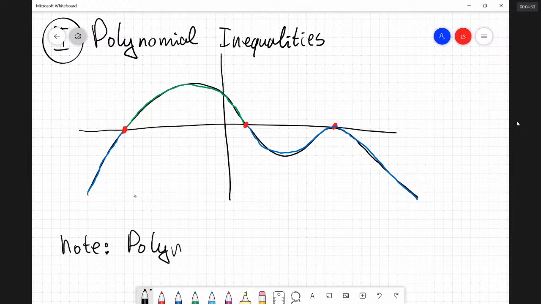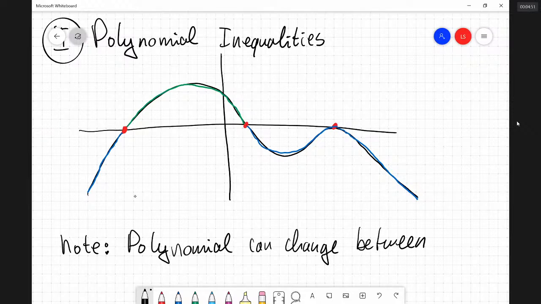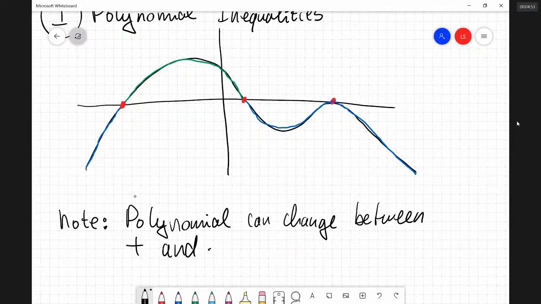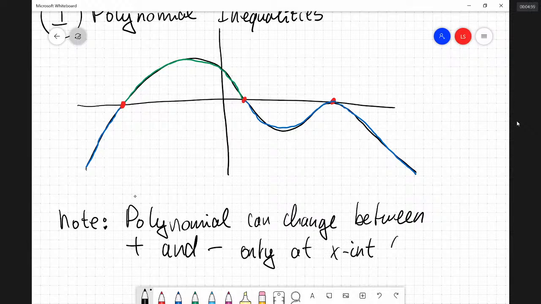A polynomial can change between positive and negative only at an x-intercept, or what we call the real 0 of the polynomial.